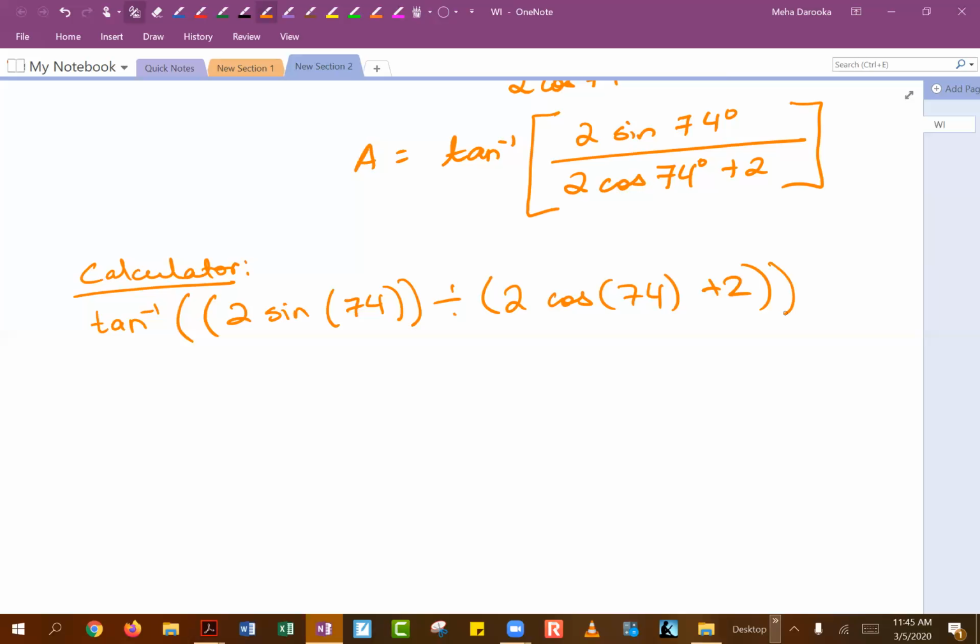Open parentheses again. 2 cosine 74, then plus 2. Alright, let's try that. It's just because we want the tangent inverse function to know that this entire thing is going under tangent inverse.